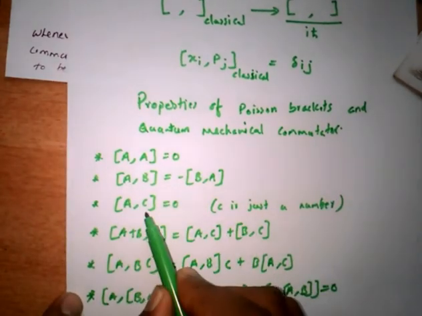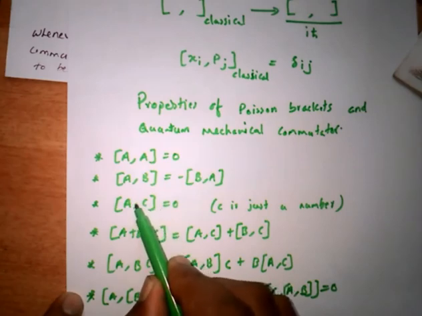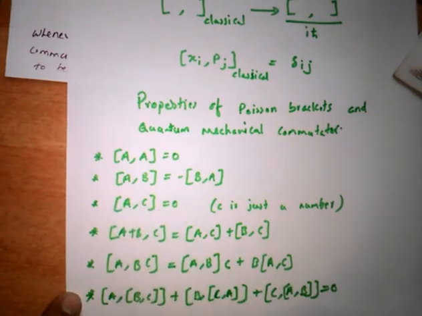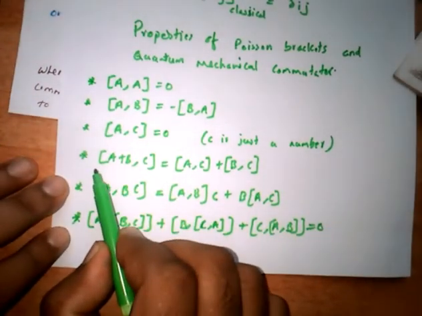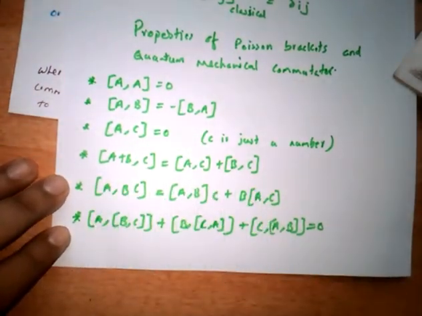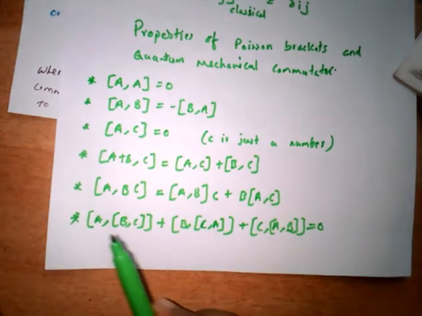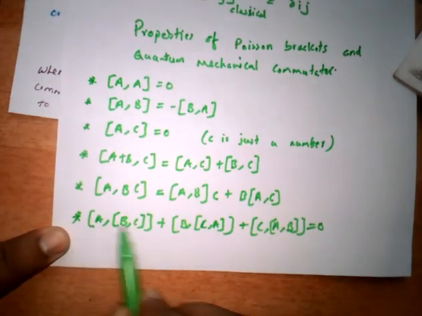AC equal to 0, where C is just a number. If C is just a number, the commutator of AC equal to 0, or the Poisson bracket of AC equal to 0. You have to note these relations. These are very important relations.